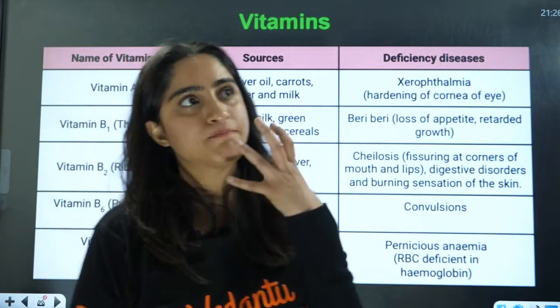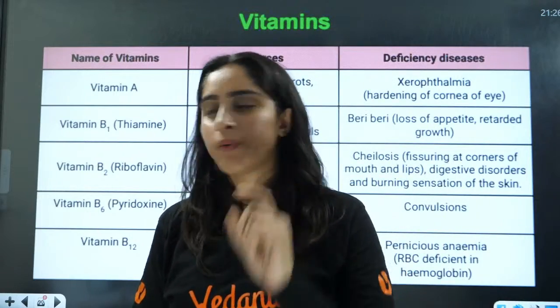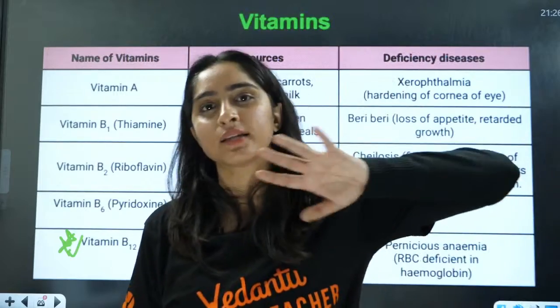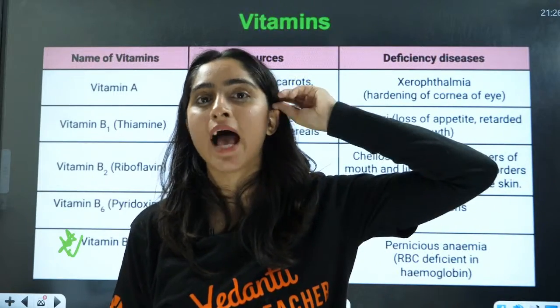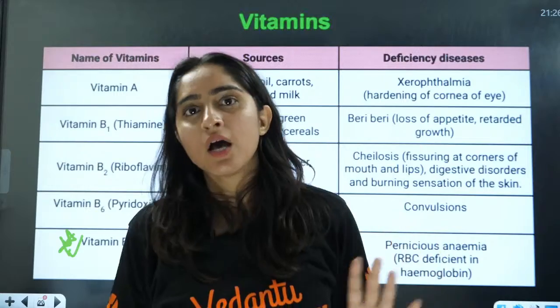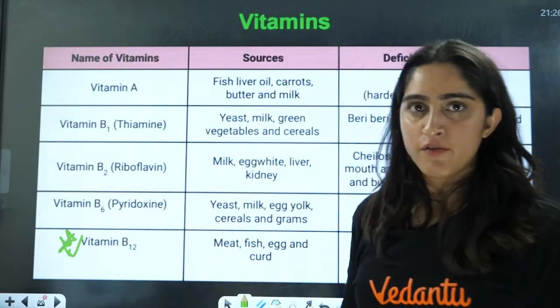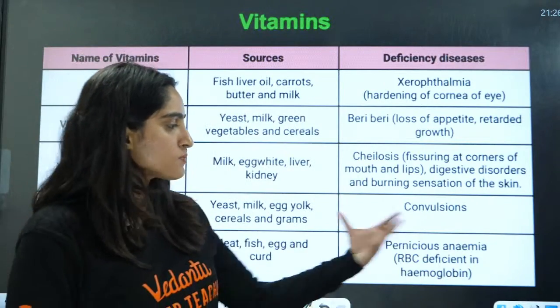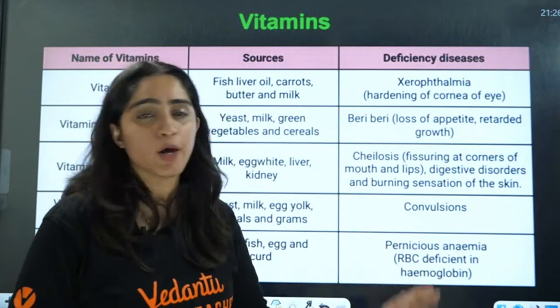Anemia is nothing but when you don't have enough hemoglobin. So vitamin B12 is responsible for absorption of that, so RBCs become deficient in hemoglobin.